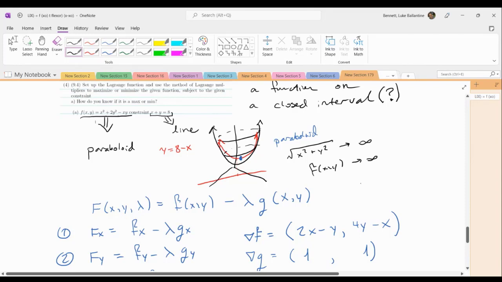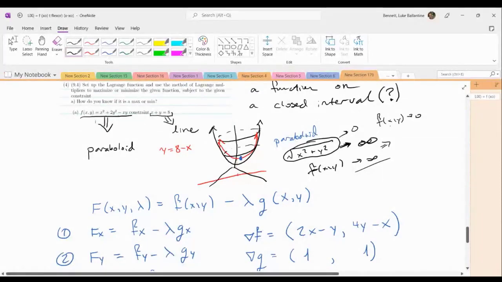This is just distance from the origin. So this is saying as we get infinite distance away from the origin, f is also blowing up. And as the corollary to that, if we get closer to the origin, if this approaches 0, then f of x, y also approaches 0.